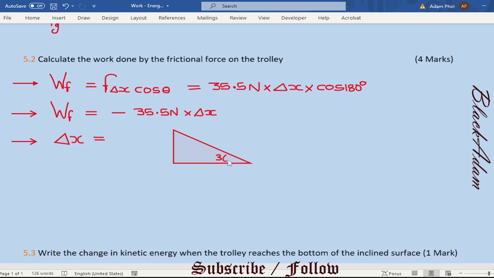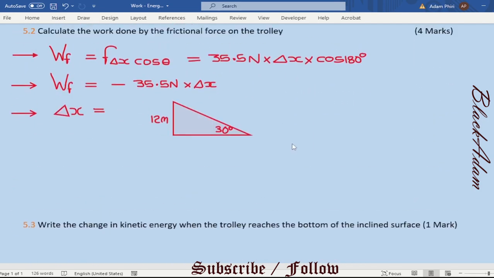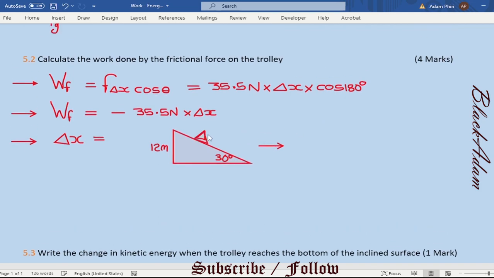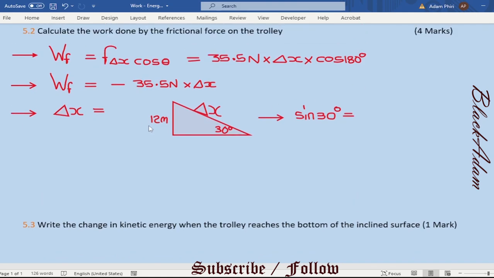There is the 30 degree angle, and the opposite side, which is 12 meters, and we need to find the change in x. Sine 30 degrees is opposite, which is 12, over hypotenuse, which is change in x. So it's 12 over change in x.